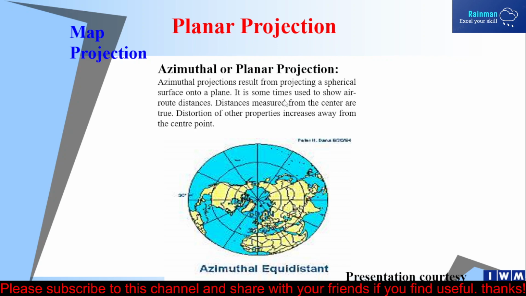It is sometimes used to show air route distances, and distances measured from the center are true, and distortion of other properties increases away from the center point. That means at this center point you will get the accurate distance, or distortion is minimum. As we go away from the center, our accuracy level will be decreasing.